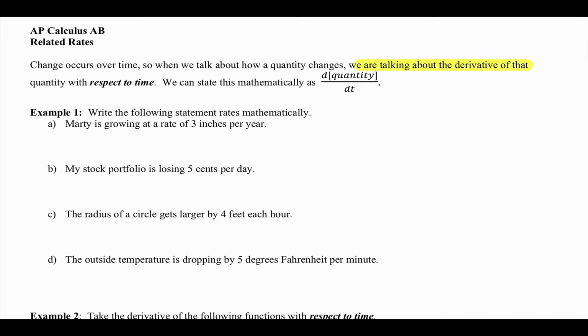Anything that changes over time, we're talking about a derivative, and that derivative is always with respect to time. So it's not with respect to x. More specifically, it's with respect to time. So any rate, we can state mathematically as d quantity over dt.